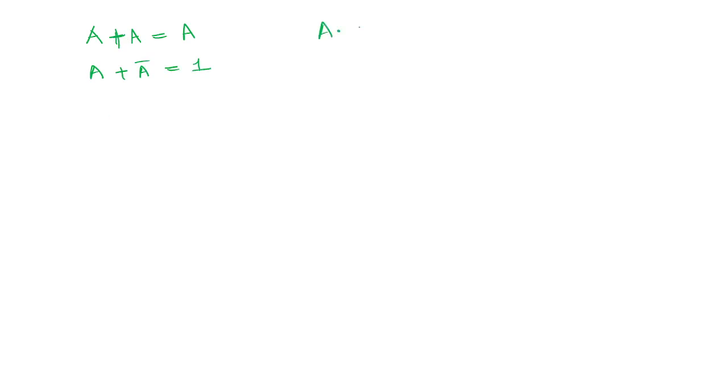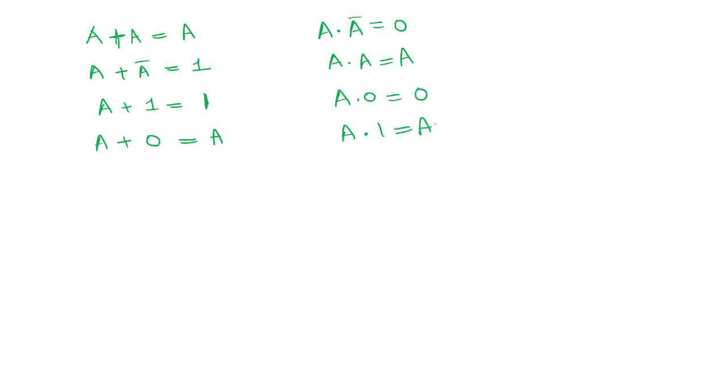Similarly, A and A complement is 0. And A is A. Similarly, A plus 1 is 1. A plus 0 is A. Simple things, which you know already. A and 0 is 0. A and 1 is A.